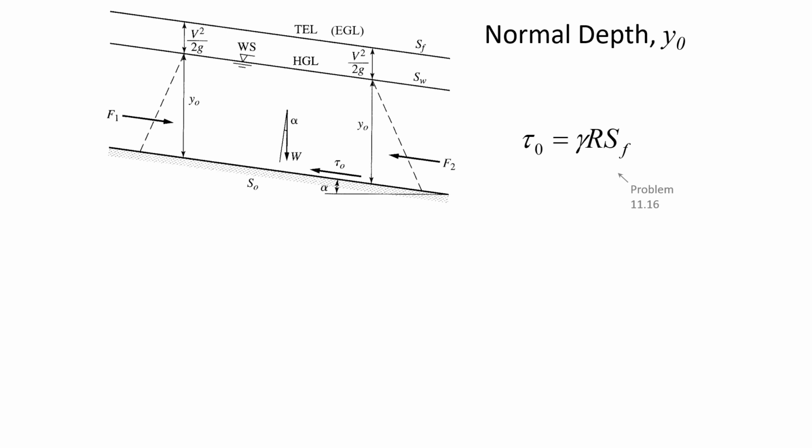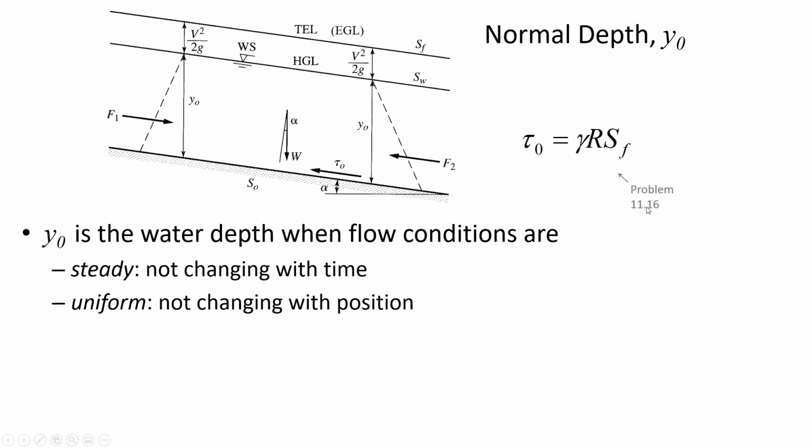There's friction. If the water's moving to the right, the shear stress applied by the solid surface to the liquid is to the left. And so you can calculate that by knowing S sub F, the slope of the energy grade line. We've seen this formula before, and you'll apply it on problem 11.16 in the homework, which is coming up. Not the immediate assignment you're working on, but it's coming up in the future.